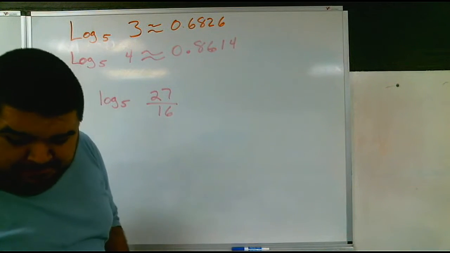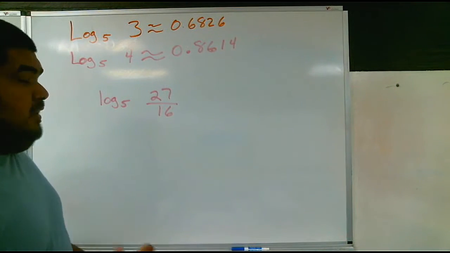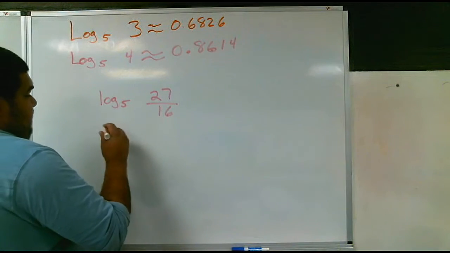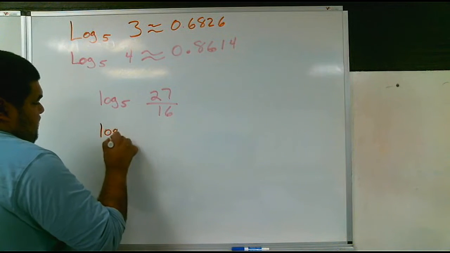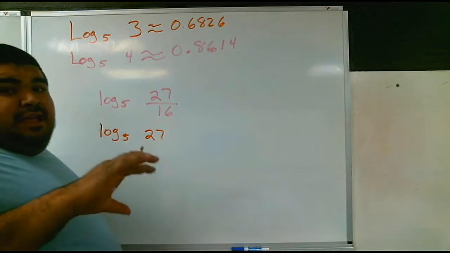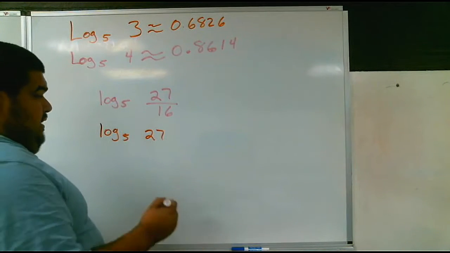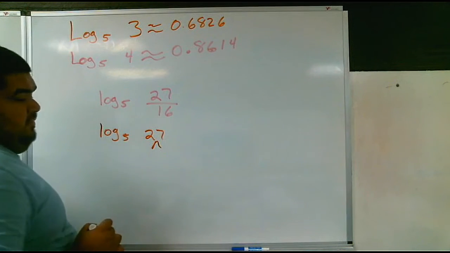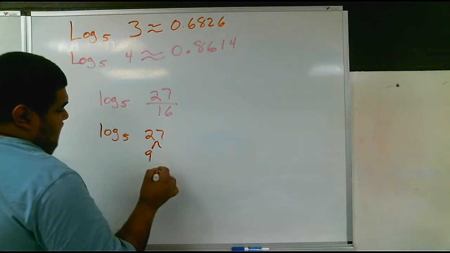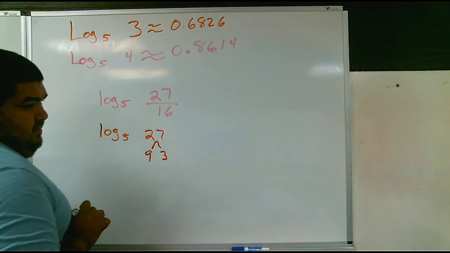Okay, meaning, let's focus on the top part first. Okay, so we have log of 5, 27. We're gonna actually break down 27. Okay, two numbers that give us 27 is 9 and 3.